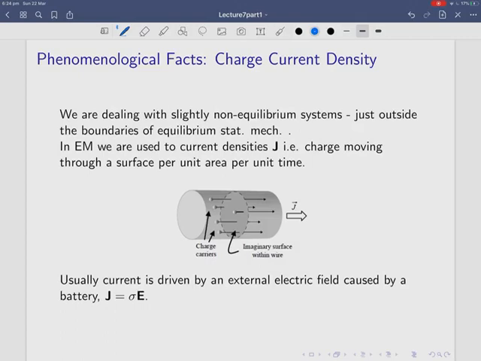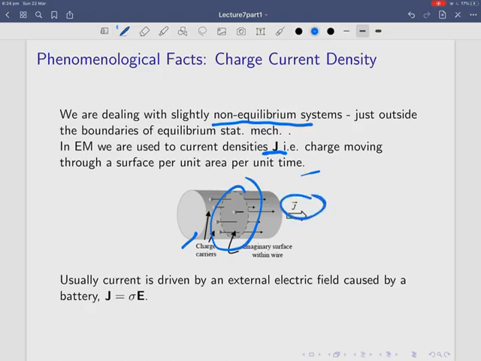We're dealing with slightly non-equilibrium systems, just outside the boundaries of equilibrium stat mech. In electromagnetism, we use the current density J, i.e. the charge moving through a surface per unit area per unit time. So you have some charges here and some imaginary surface like that, and you count the charge moving per unit area per unit time, and you get a charge current density J.